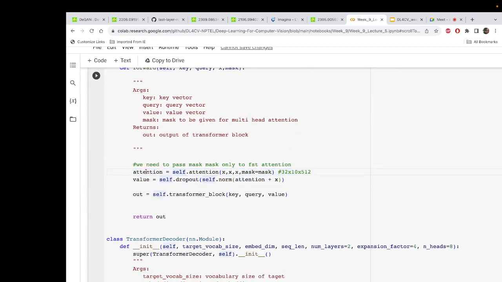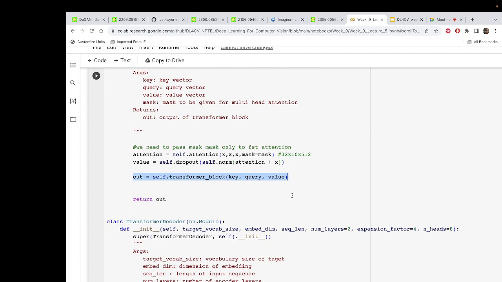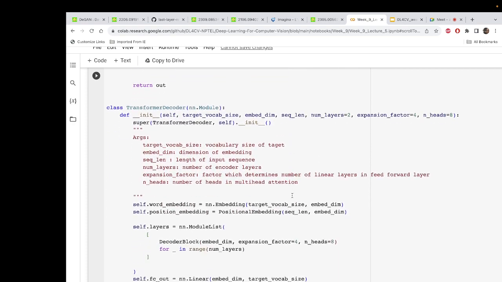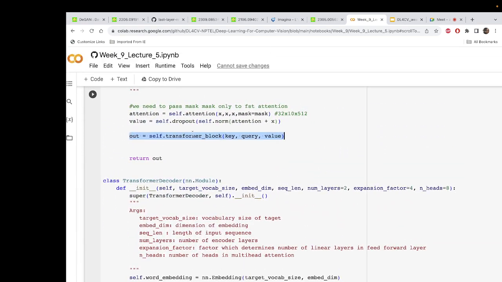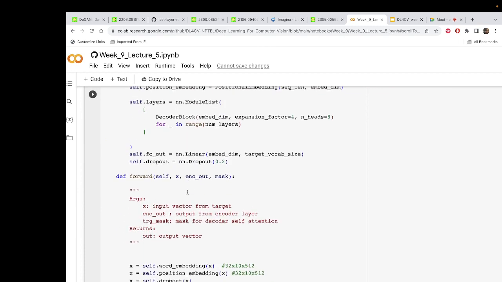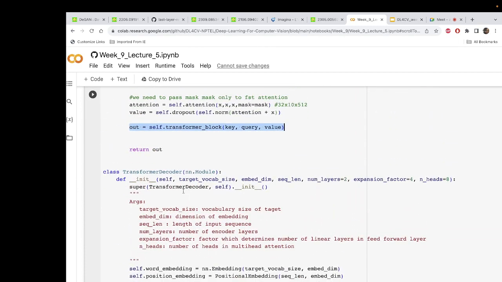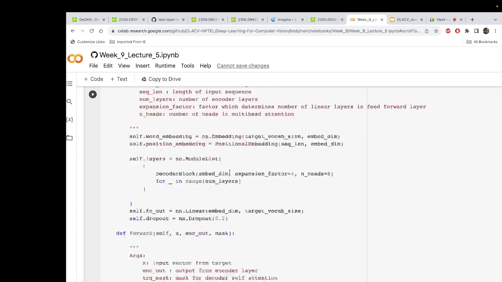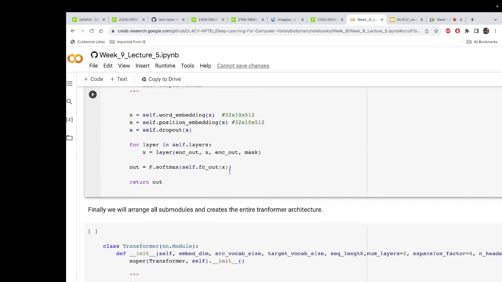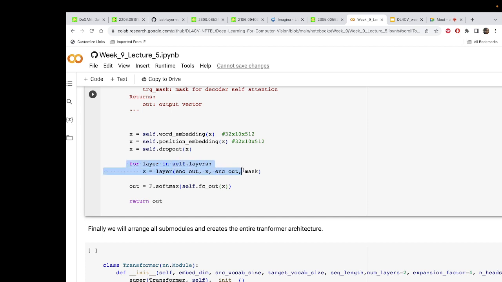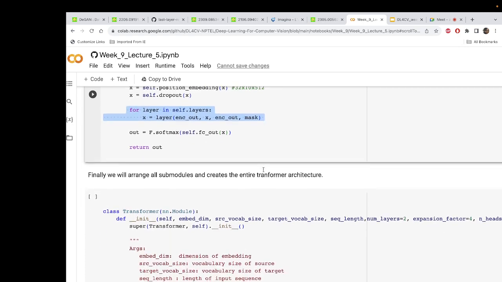So, then we have this attention, we perform the layer norm with the add and norm step, and then we pass it on to a transformer block, okay, good. So, now this is just one block and this we are going to repeat for multiple blocks, right. That is what is given by this transformer decoder function. You can see that this is repeated across multiple layers.